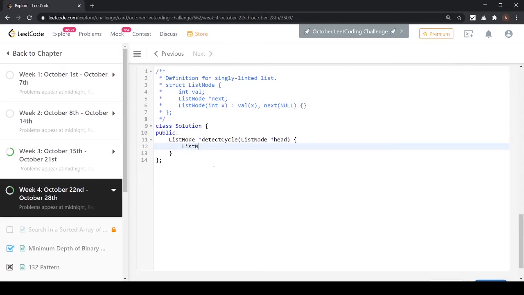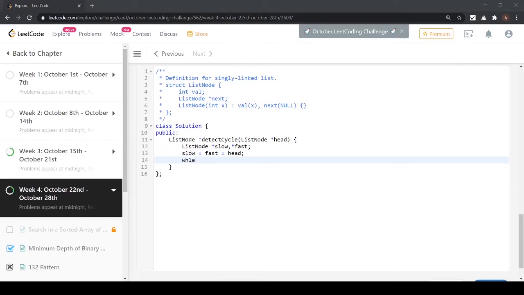Now I'm going to code it. As I said, we will take two pointers, slow and fast, both beginning by pointing towards head. We will do it in two iterations. In the first iteration, we move slow by one node and fast by two nodes. In the second iteration, we move slow and fast both by one node. So what would be the condition? We will loop while fast is not null and fast next is not null, that is, the node pointed by fast is not the last one, and the node pointed by fast next is not the last one.